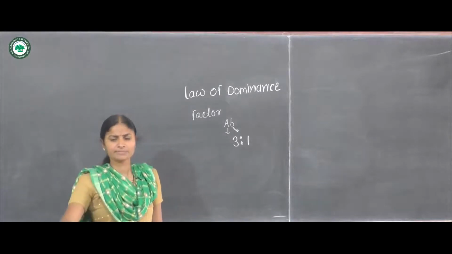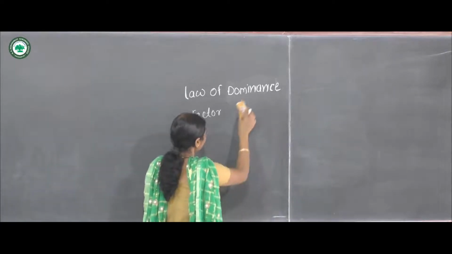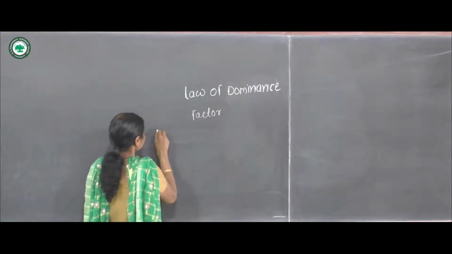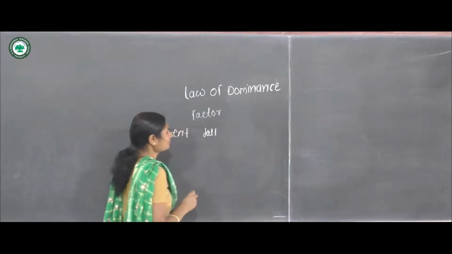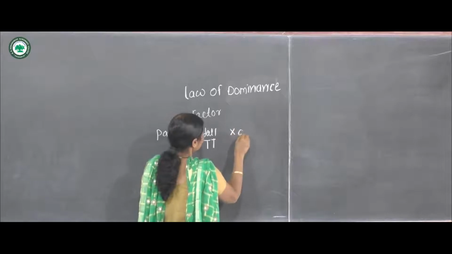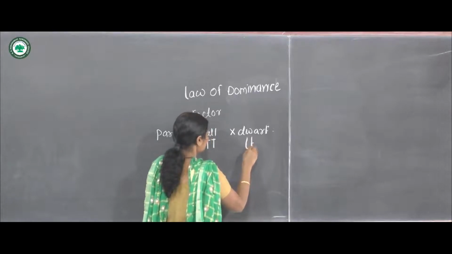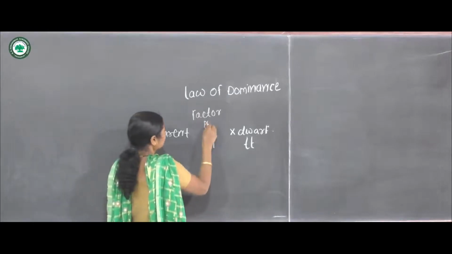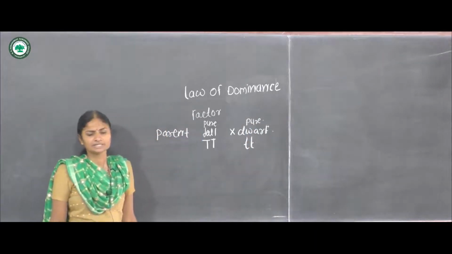In Mendel's experiment on pea plants, the parents were a tall pea plant with genotype capital T and a dwarf plant with genotype small t. These are pure tall and pure dwarf.